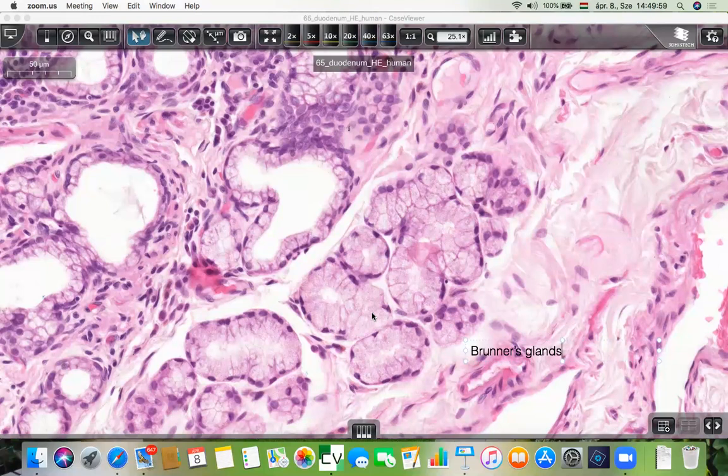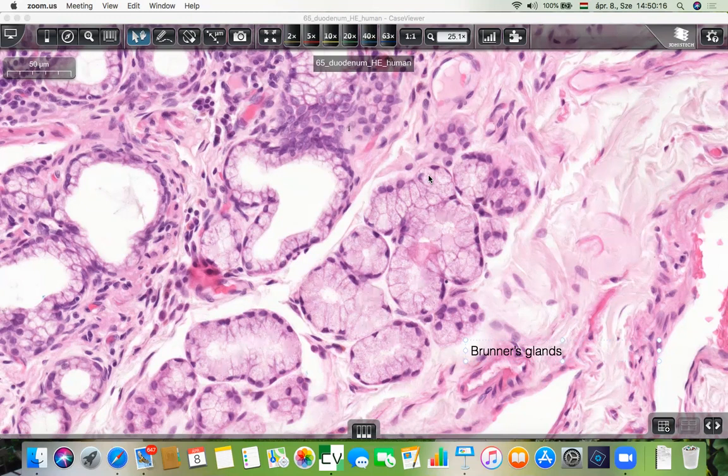So this is a really good help to identify the exact slide because in the submucosa we can find these glands secreting alkaline juice, so it's a high content of bicarbonate, changing the pH in the duodenum.